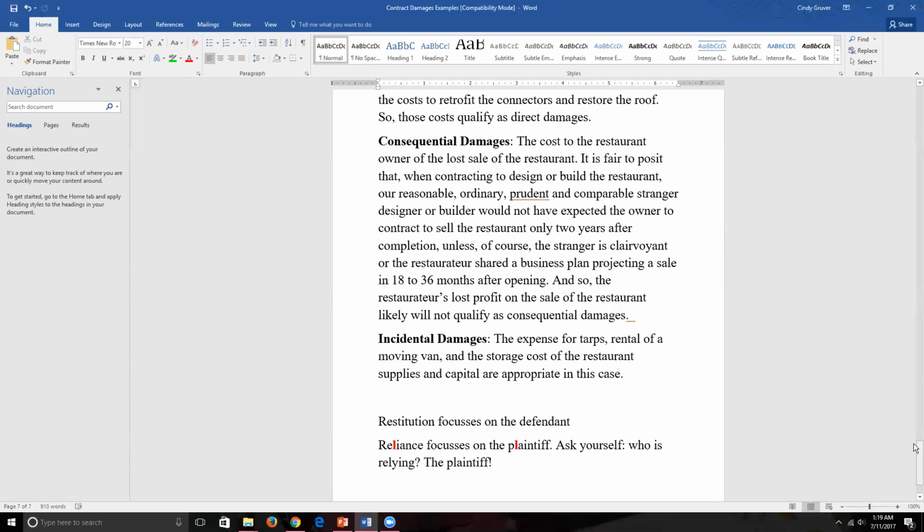Now, consequential damages, though, are another situation. Consequential damages would be the loss that Bob experienced because Larry backed out of the sale.